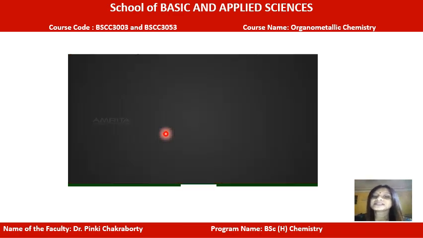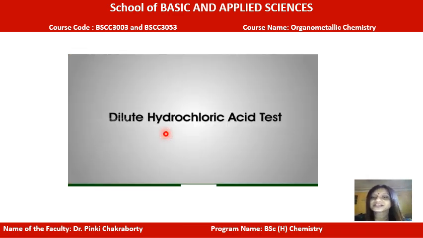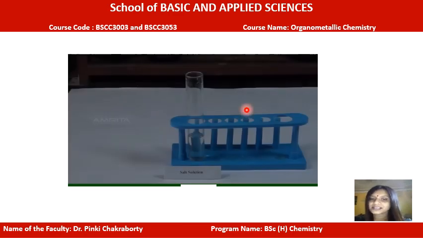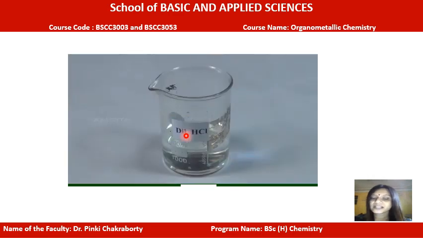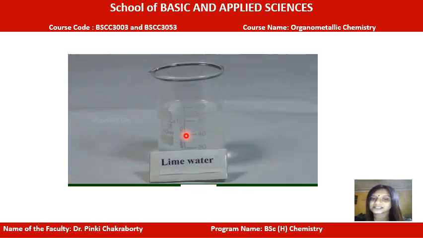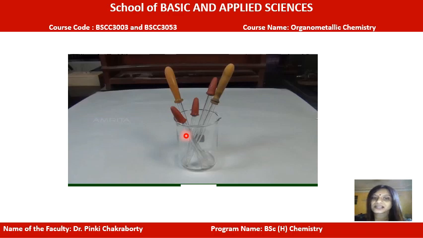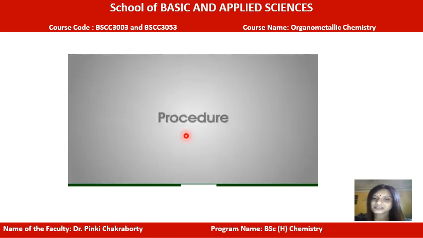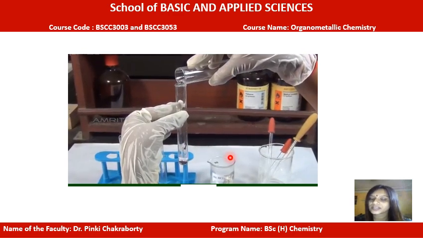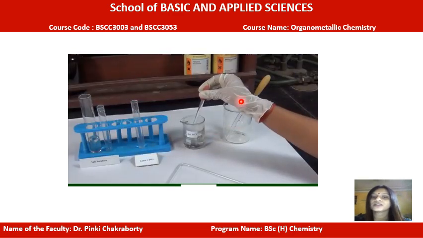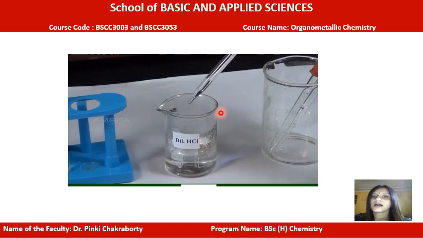Now let us see the different types of confirmatory tests for carbonate. They are the dilute hydrochloric acid test and the magnesium sulfate test. First, the dilute hydrochloric acid test. The materials required are a test tube containing your salt solution, dilute hydrochloric acid, lime water and a dropper.